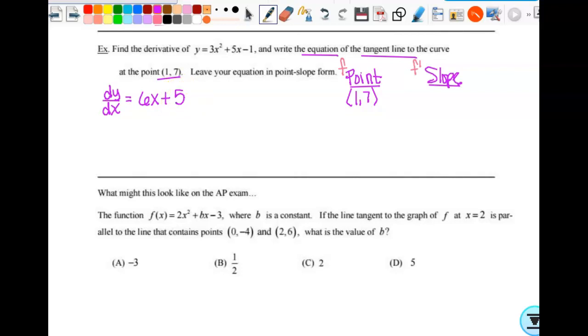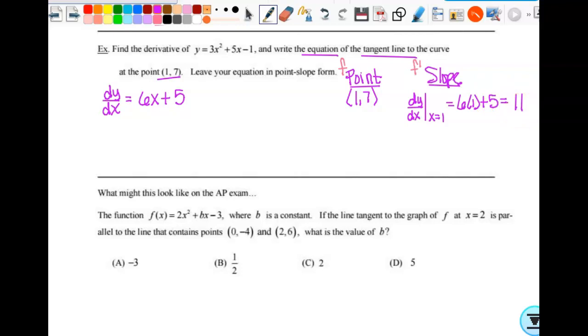Okay, so here's this. So in order to find my slope, I'm going to use dy dx evaluated at x equals 1. I use the x value from the point that I'm using, and that's how you do it instead of saying like f prime of x equals. So then this equals, when I evaluated at 1, I'm going to get 6 times 1 plus 5, which is 11.